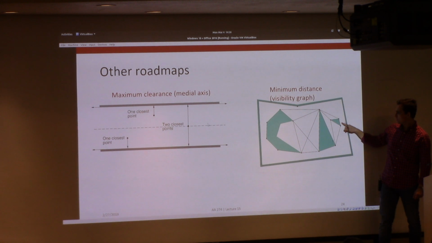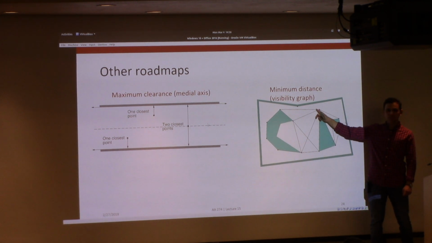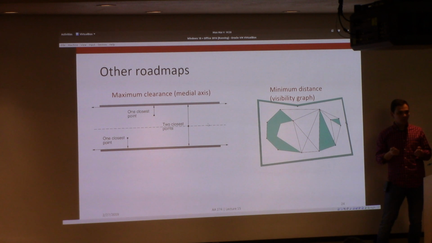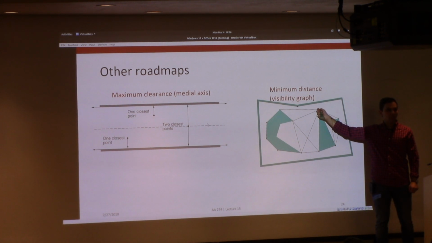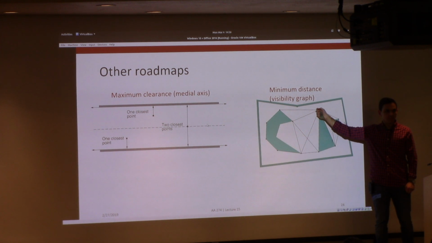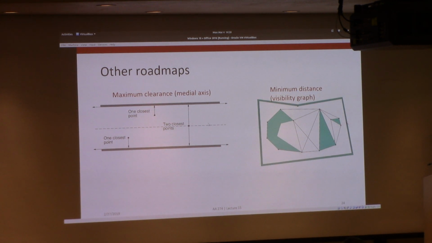It will try to reach this point in the shortest manner possible. From here to here, the shortest path is again from one vertex to another. So the shortest path maintains the shortest distance from every pair of vertices at any given time, okay? So this is the motivation for the visibility graph.